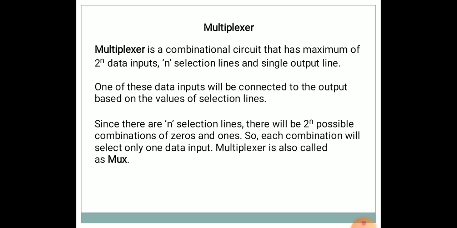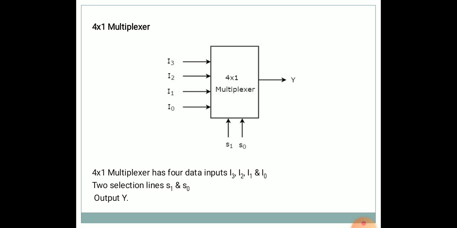Since there are n selection lines, there will be 2^n possible combinations of zeros and ones. So each combination will select only one data input. As I said earlier, it is shortly called MUX.